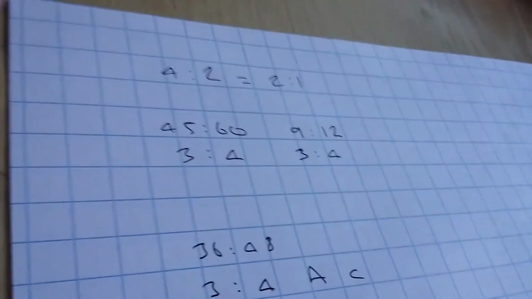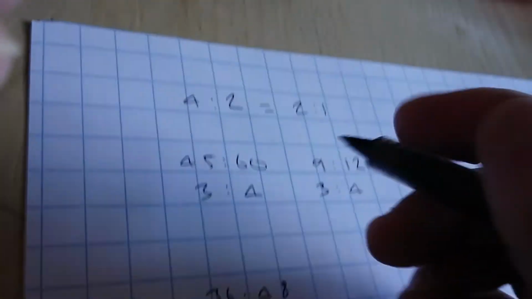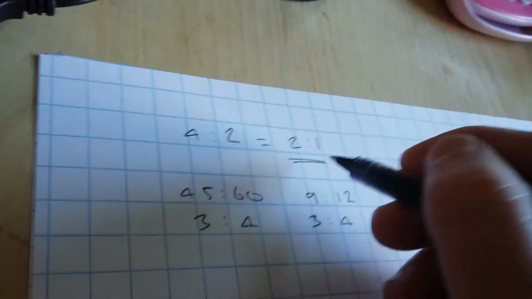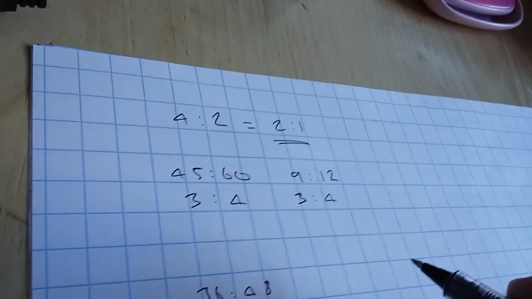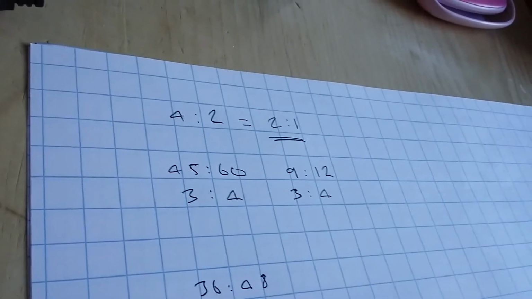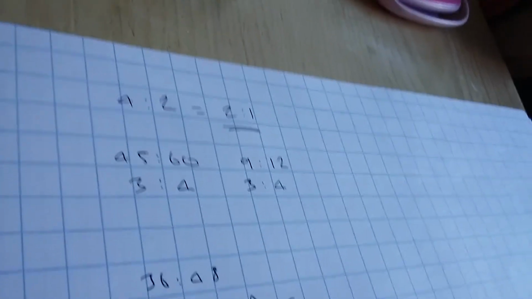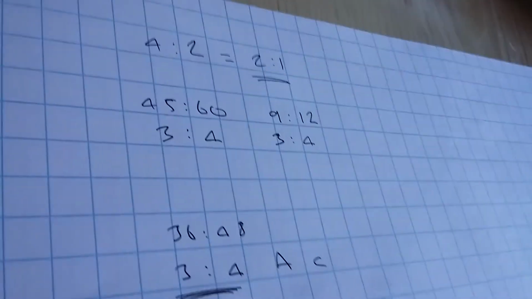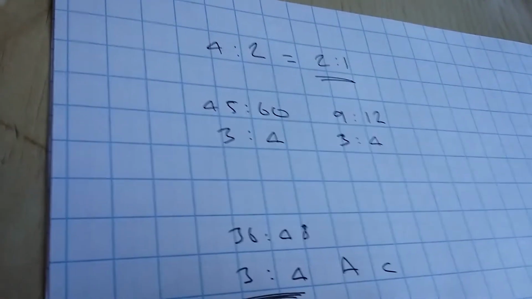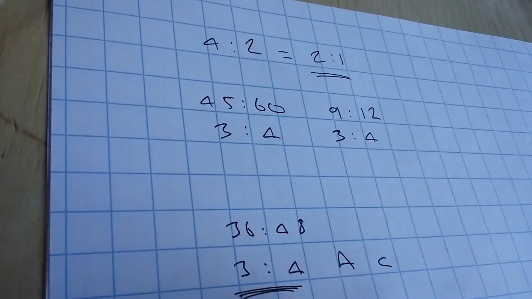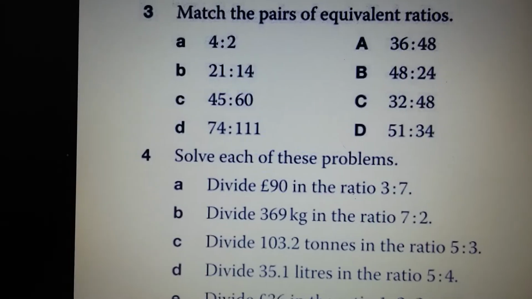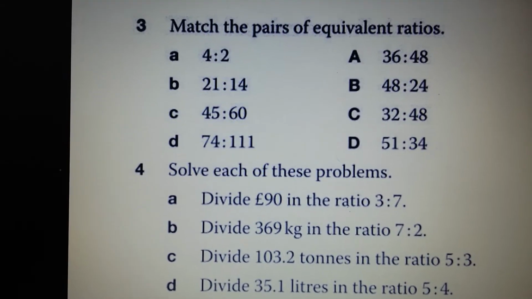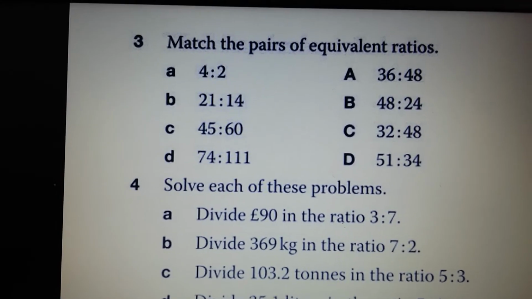We started off at the very top with 4 to 2, which simplified down to 2 to 1. So we want to look at those capital ones and look for another one that simplifies down to 2 to 1. A quicker way of doing that is looking for one where the first number is double the second number.